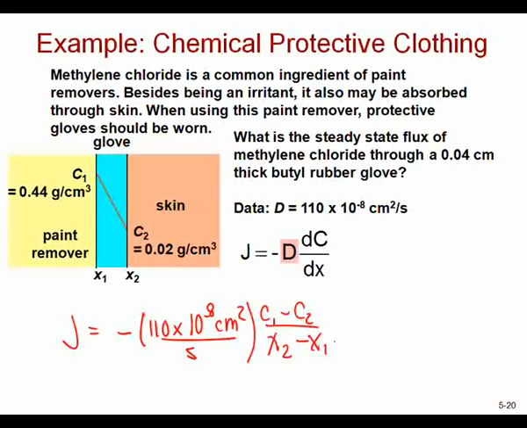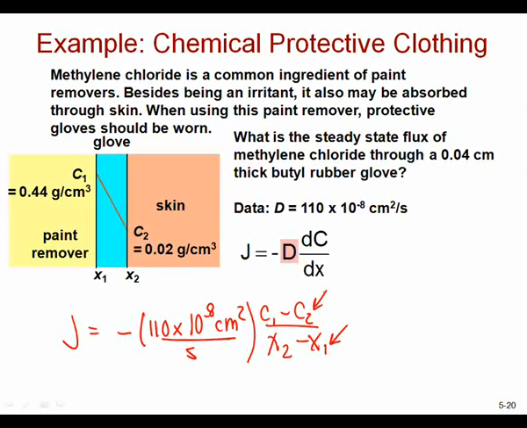So we can calculate that, right? We can say this is the flux of atoms. So if the membrane is thinner, what's going to happen to the flux? Is it going to go up or down? It'll go up. Same thing, obviously, if the concentration difference is bigger, flux is also going to go up.